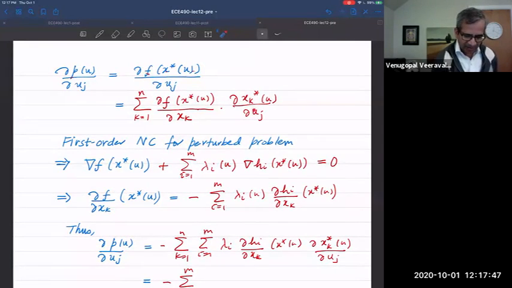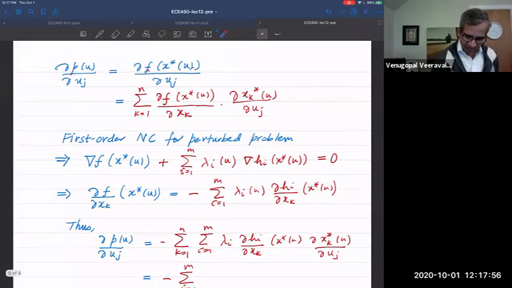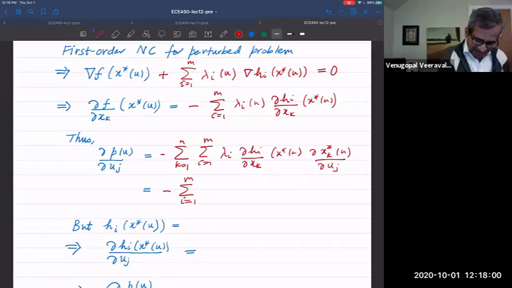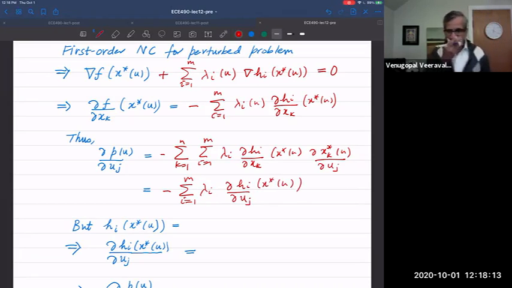This was expanded out into this. Now instead, I'll have the h_i here, and that will be expanded in the same form. That'll give me this summation here, so it'll give me lambda i times the partial of h_i with respect to u_j at x star.